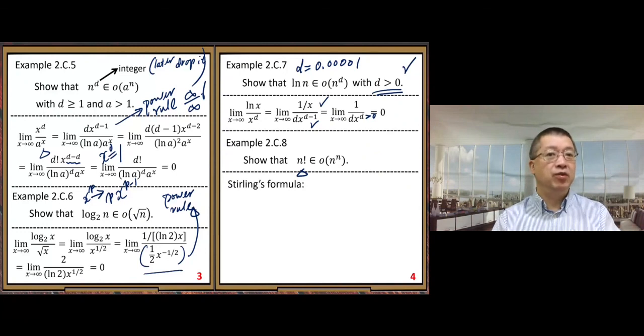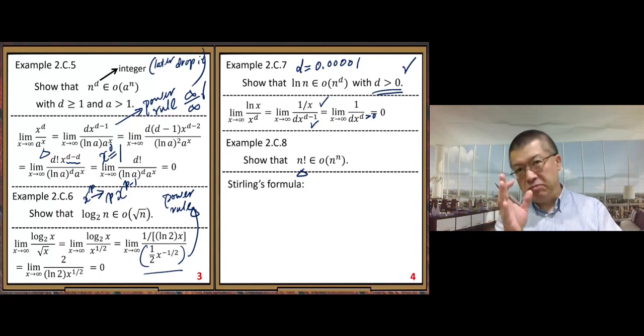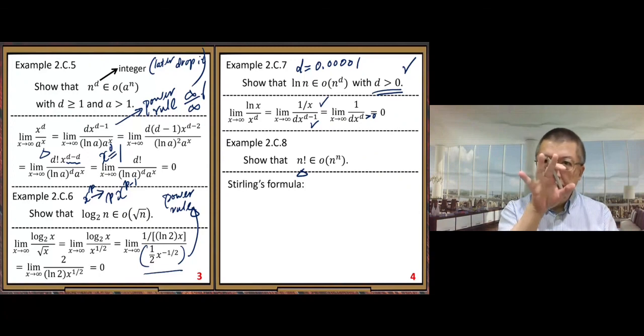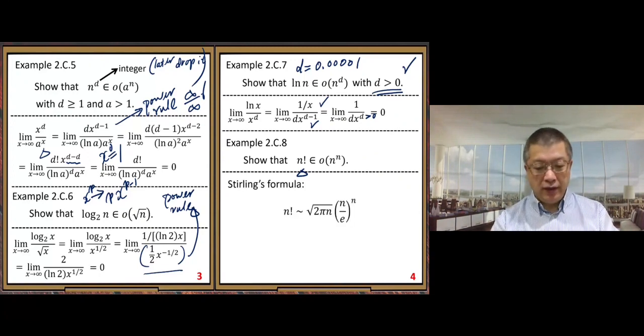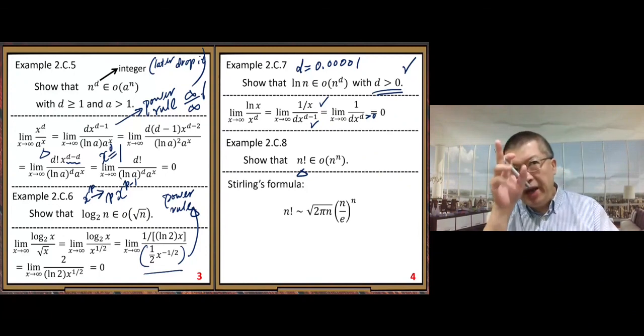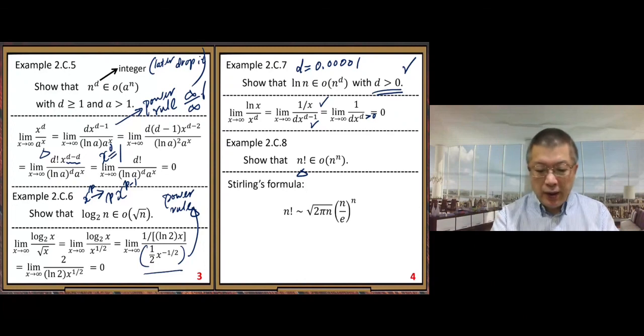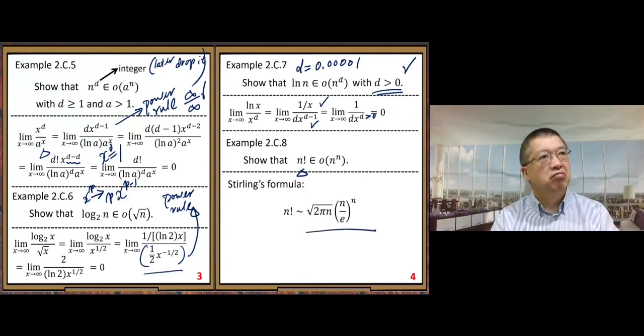Stirling's formula. So what's that Stirling's formula? The Stirling's formula gives us some nice way to approximate n factorial. This version, the first version, n factorial is approximately equal to this expression.